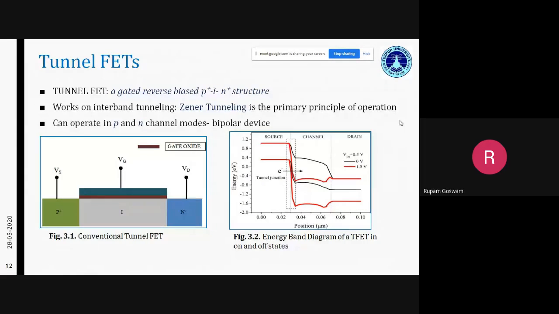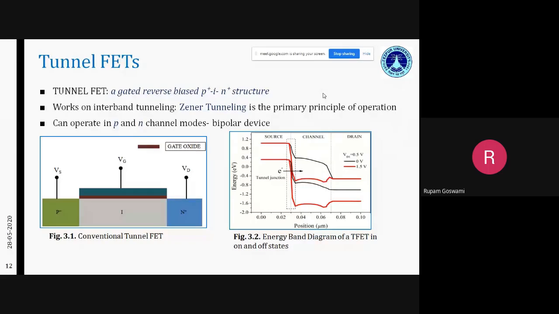So once you start applying the gate voltage, you will find that your bands will be suppressed, as a result of which you can have a tunneling window created at the source channel tunnel junction. So it is called the tunnel junction because it creates the opportunity for tunneling of carriers from source to channel.